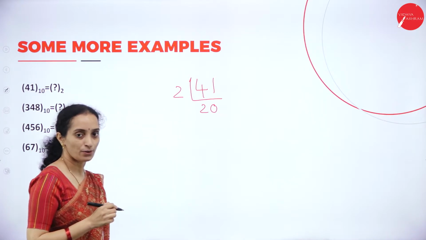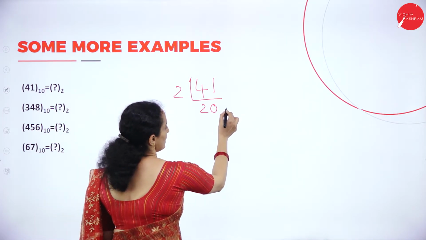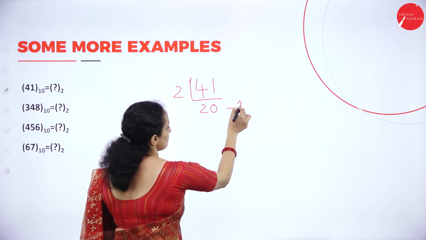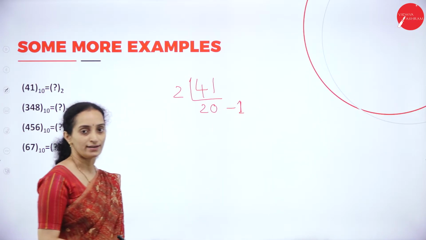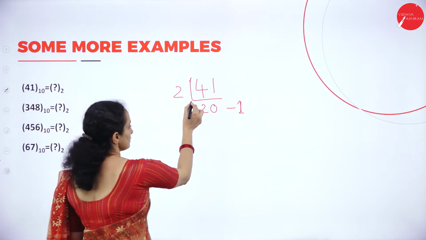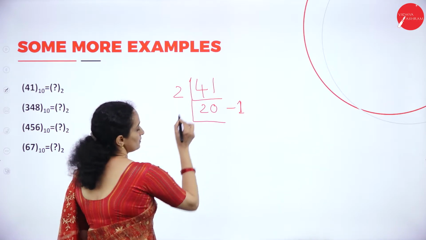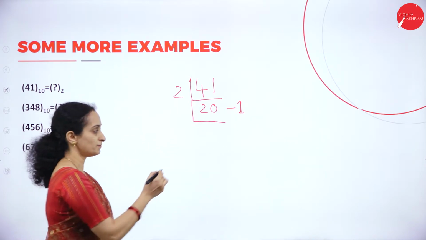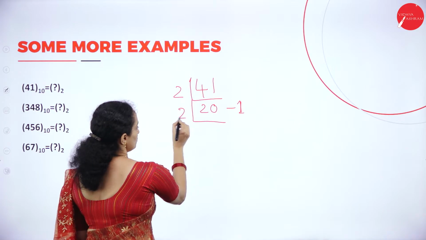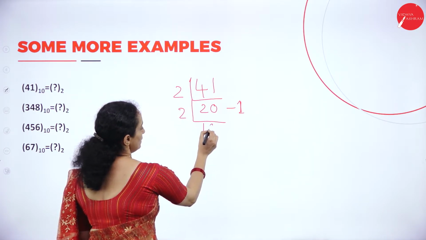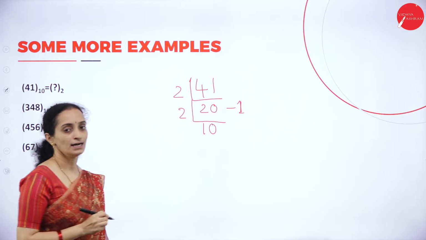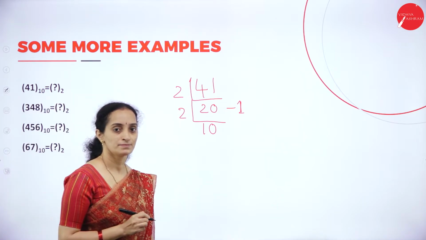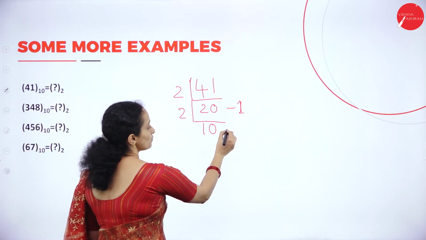20 is the quotient, and the remainder is 1. Next we have 20 as the new number. Divide by 2, 10 is the new quotient.